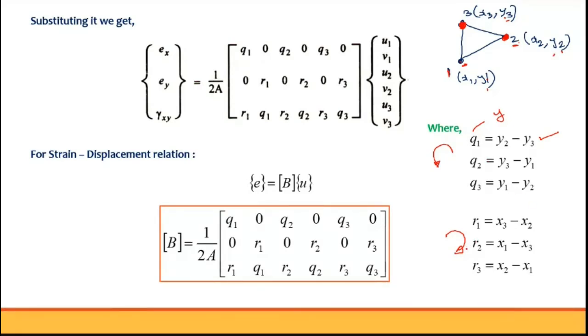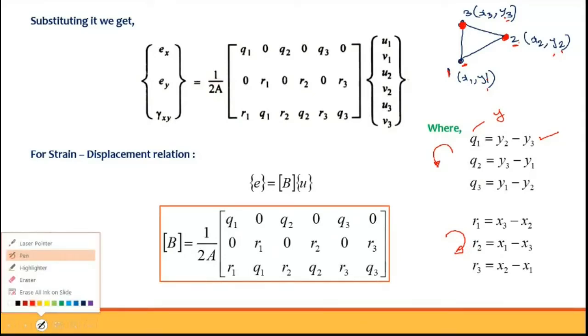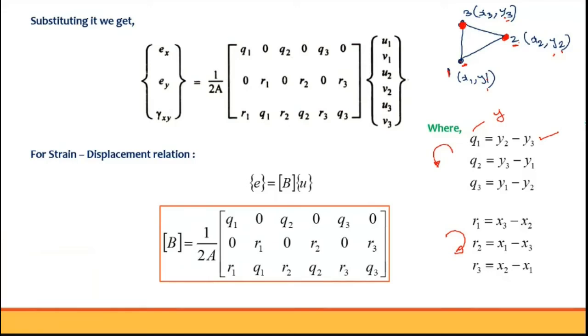Similarly, to remember R, you can consider the same. R in clockwise, or you can consider minus of anti-clockwise, whichever is convenient for you. If it is confusing, put minus of anti-clockwise. So I'm going to move in clockwise.